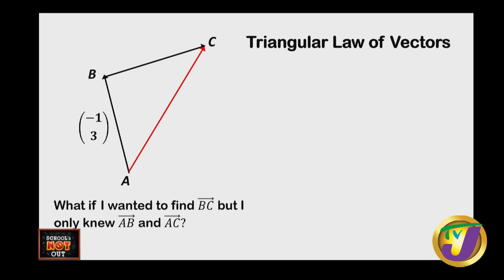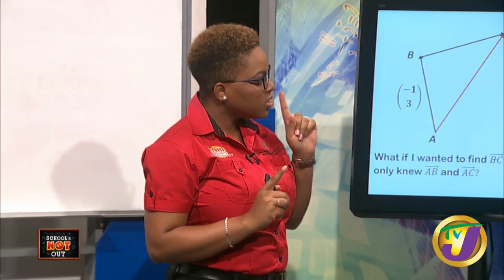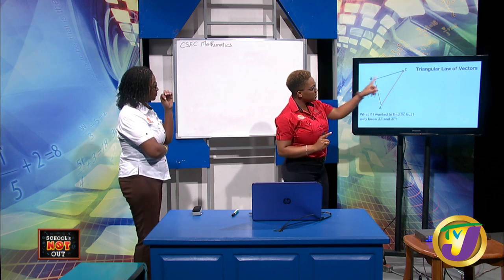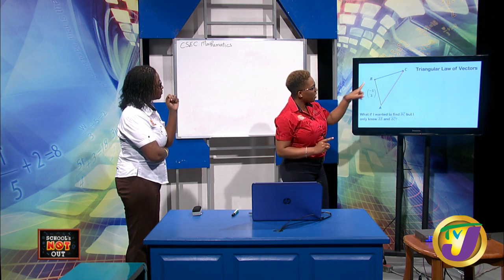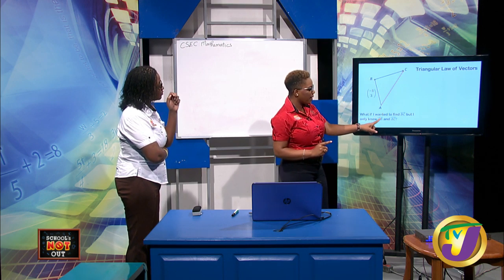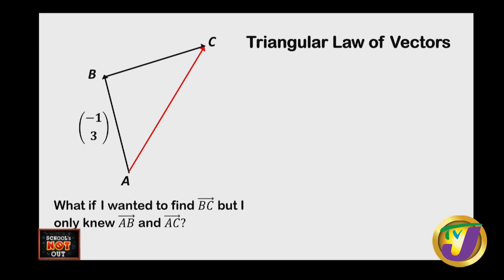From what we were doing earlier about the vector, that means I would have to go BA and then AC.